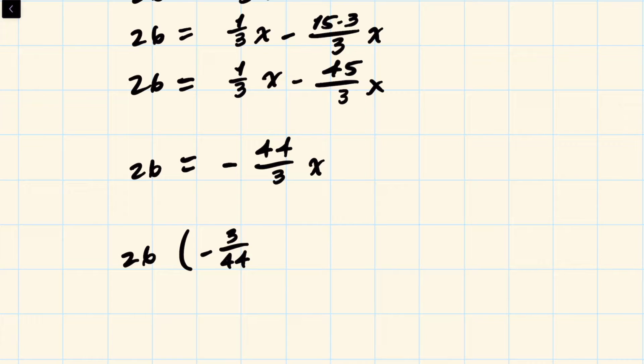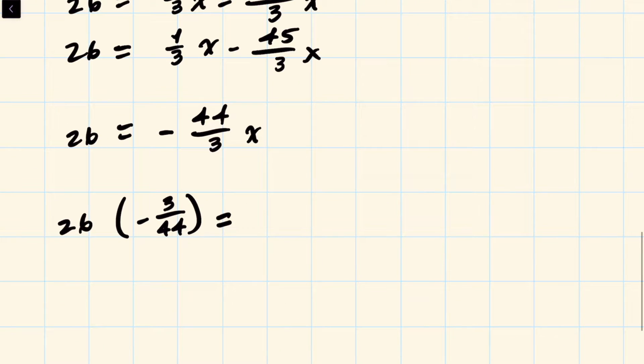The reciprocal just means flipping the fraction upside down. Equals negative 44 over 3x multiplied by negative 3 over 44.